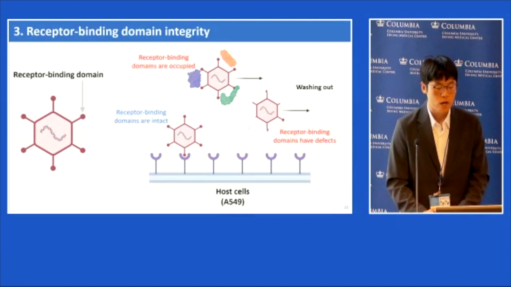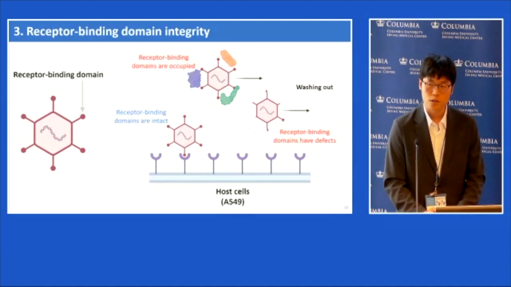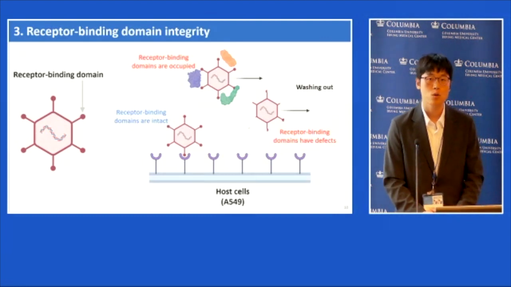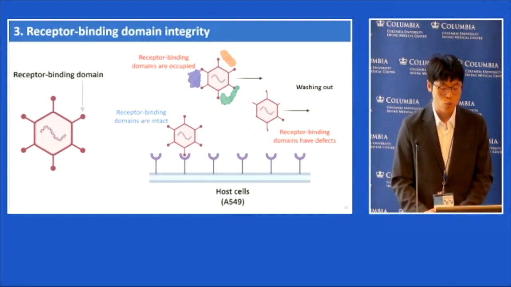Third, we also established an assay that can quantify the number of viruses that can bind to host cells. In this assay, we used the A549 cell line, which is the host cell for adenovirus, to exclude viruses whose receptor binding domains don't function well.